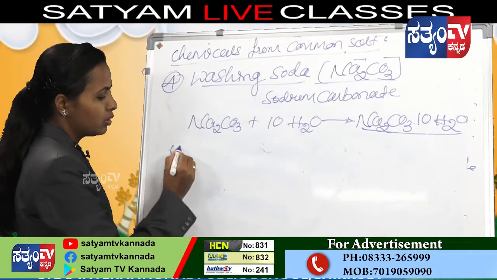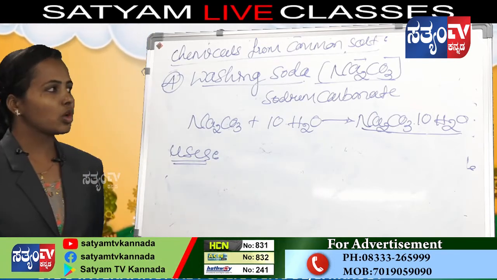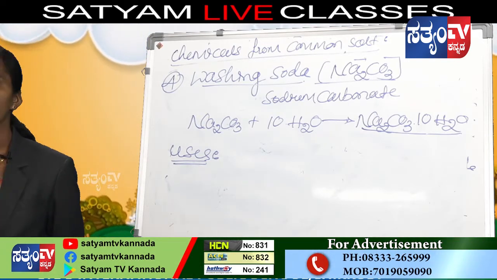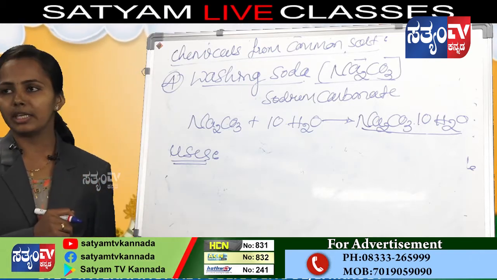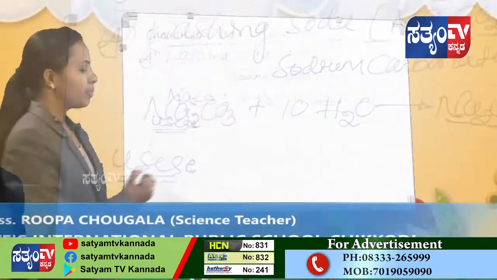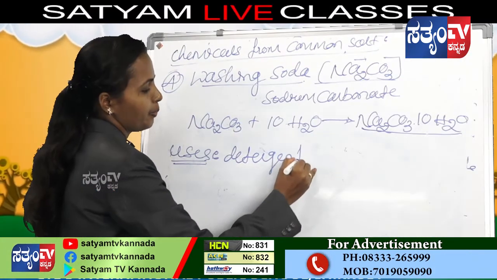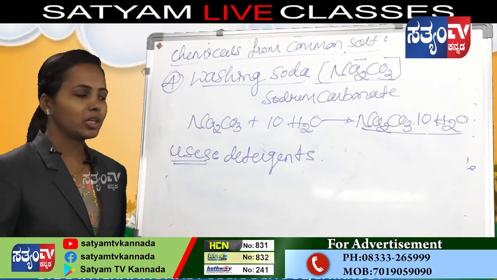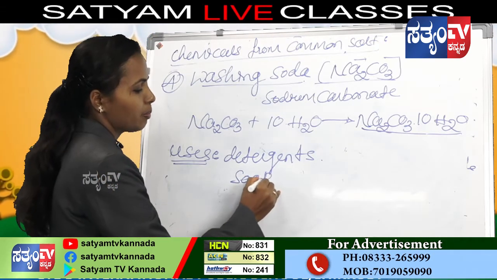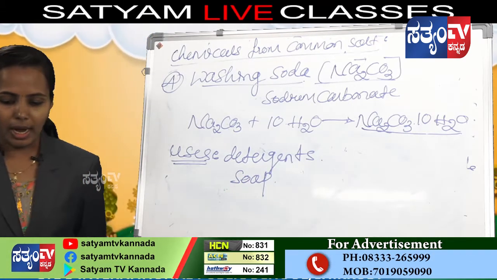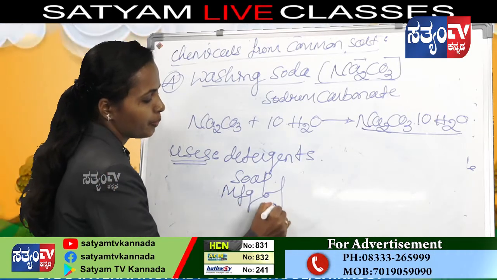And next, uses. What are the uses of this washing soda? It is also used as a cleaning material, for the preparation of detergents and soaps, and for the manufacture of borax.